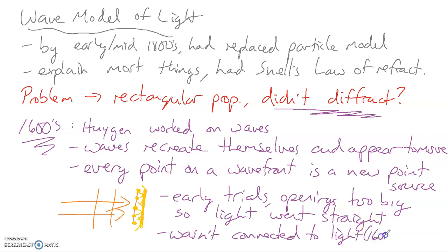Since light was considered to be a particle around this time, there was no reason for them to connect this idea to what they were working on. It wasn't until later, when they were really trying to develop the wave model of light, that they went, hey, let's go back a couple hundred years to this really cool idea that Huygens had and see if we can connect it to light. And once they connected it to light, they could explain that whole diffraction thing.